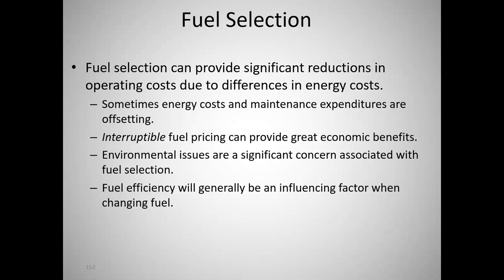A fair number of places that we've been into, natural gas will be their normal fuel, but they've got a big tank of diesel, and given about 30 minutes or an hour, they can change. Sometimes you have to change the orifice out on the burners because the orifice size is different for fuel oil or natural gas. Or, it's possible to have a propane tank, because propane is pretty expensive. You wouldn't want to have to burn a lot of propane.